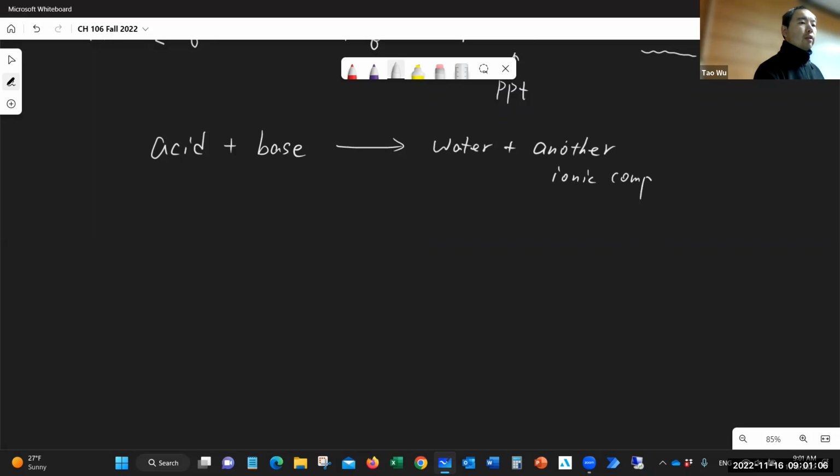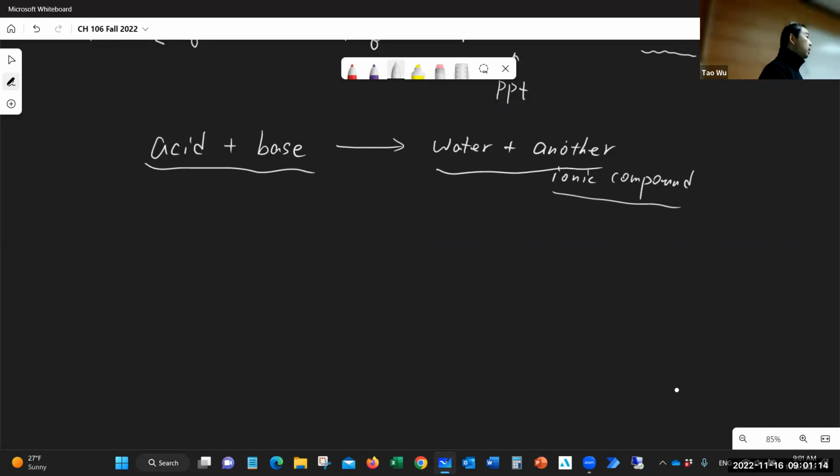So generally, this is what happens. If you have multiple choices and you want to determine which one is an acid-base reaction, you just need to see: do we have an acid over there? Do we have a base over there? Are those combined together to make water? Then definitely that's going to be the acid-base reaction.